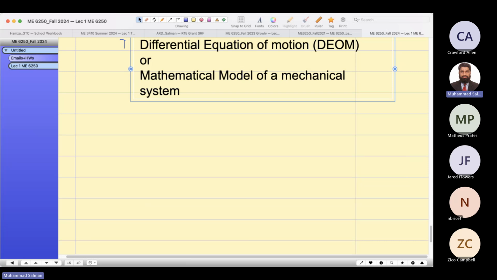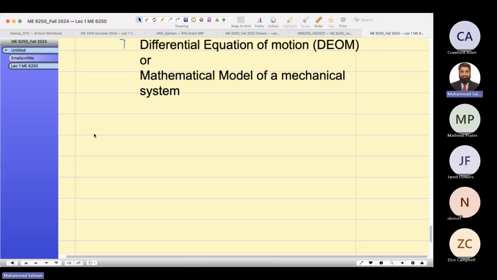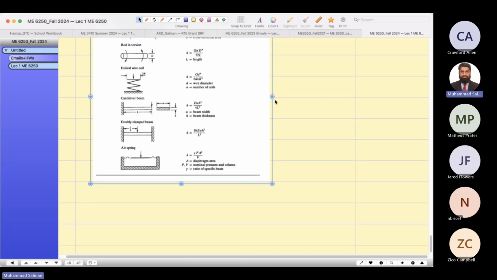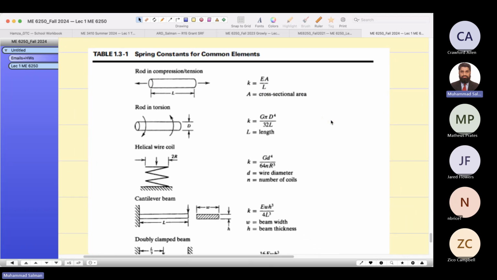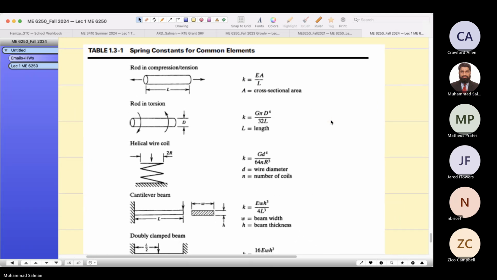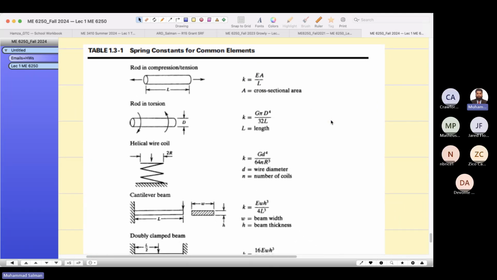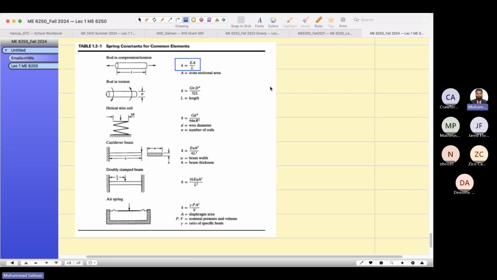Let me share with you another table. This table will explain it. You don't have to derive this, but this will be useful maybe for your homework, that what is the stiffness of different kinds of structures, like rod in compression tension has a stiffness K equals EA over L. You see my point?